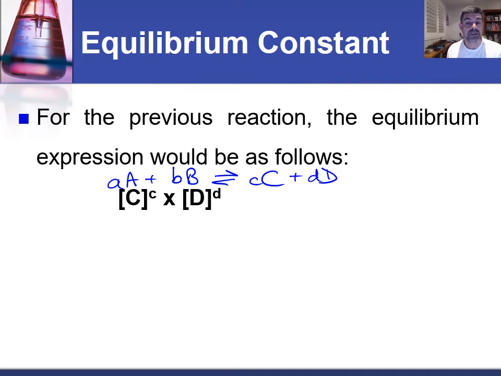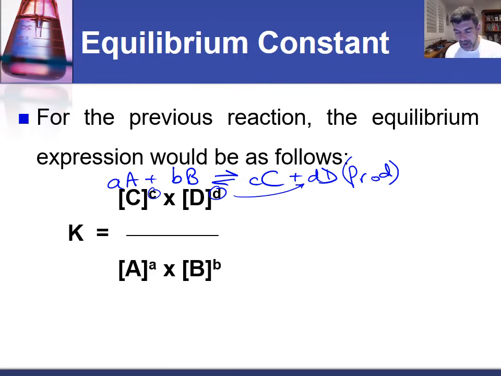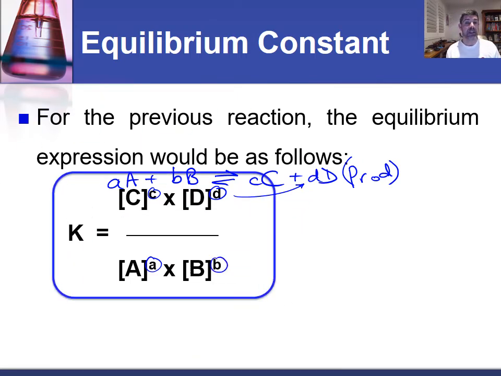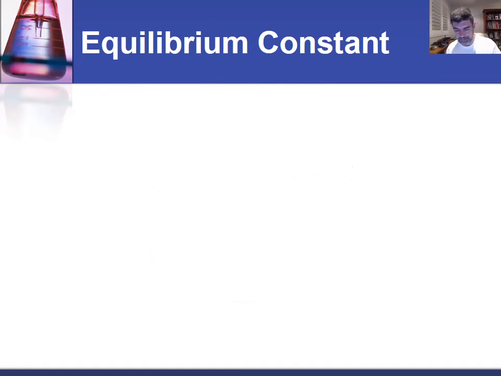The concentrations of the products, C raised to the power of little c, multiplied by D raised to the power of little d, all divided by the concentration of A raised to the power of little a, multiplied by B raised to the power of little b. This is an expression for the equilibrium constant, and this is where these numbers have come from.